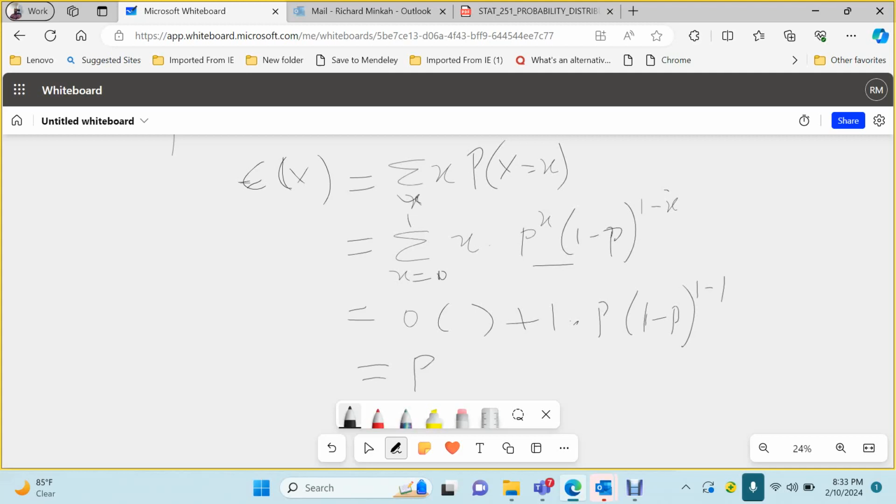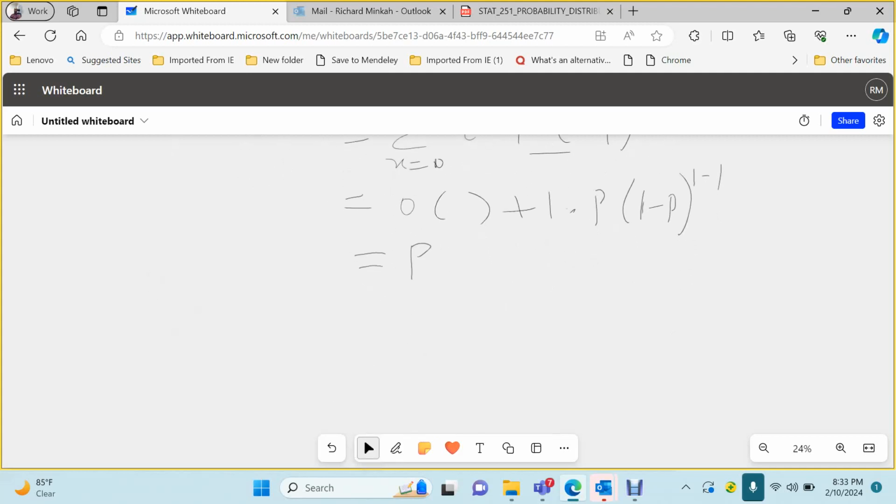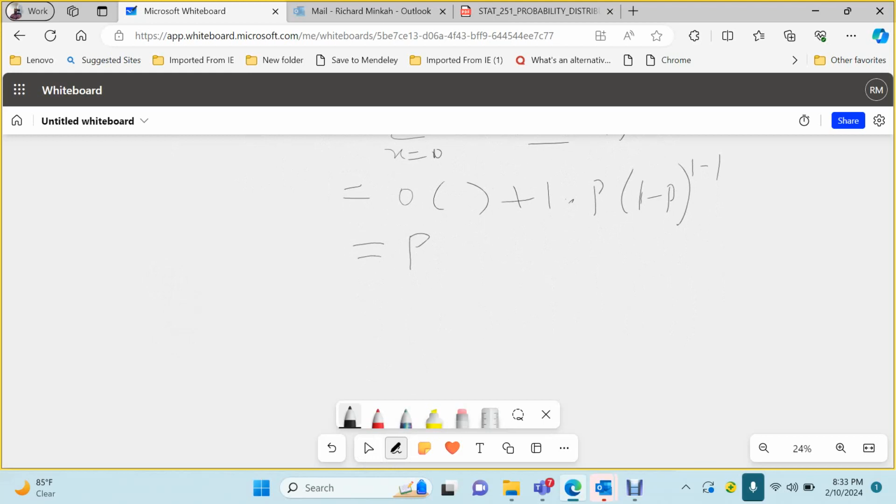Is everybody okay? Now, we can also look at the variance. Variance of X is the expected value of X squared minus the expected value of X all squared. We know the expected value of X already. What we don't know is the expected value of X squared. Let's quickly find it.